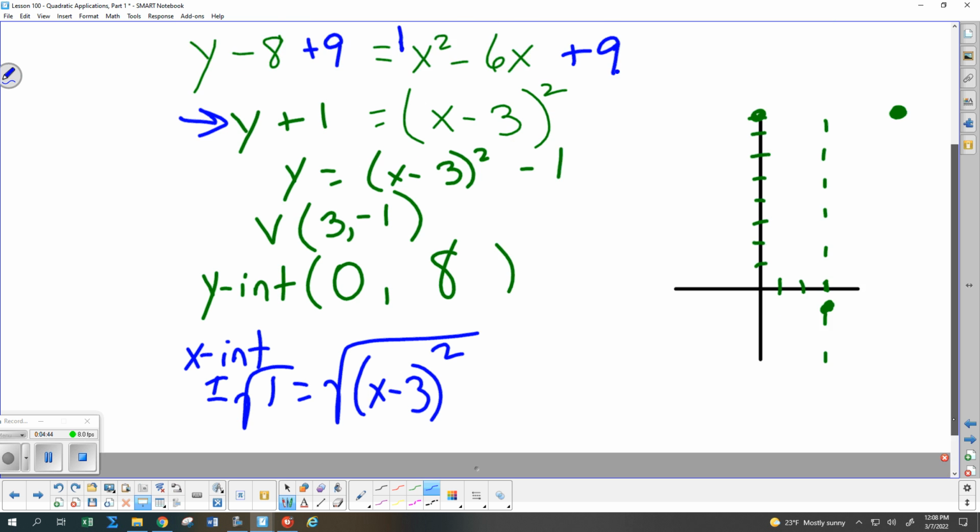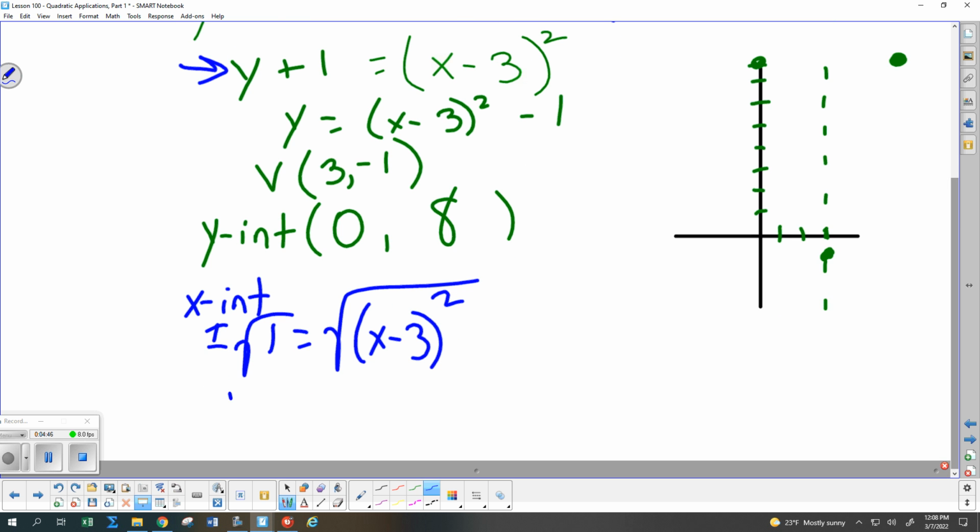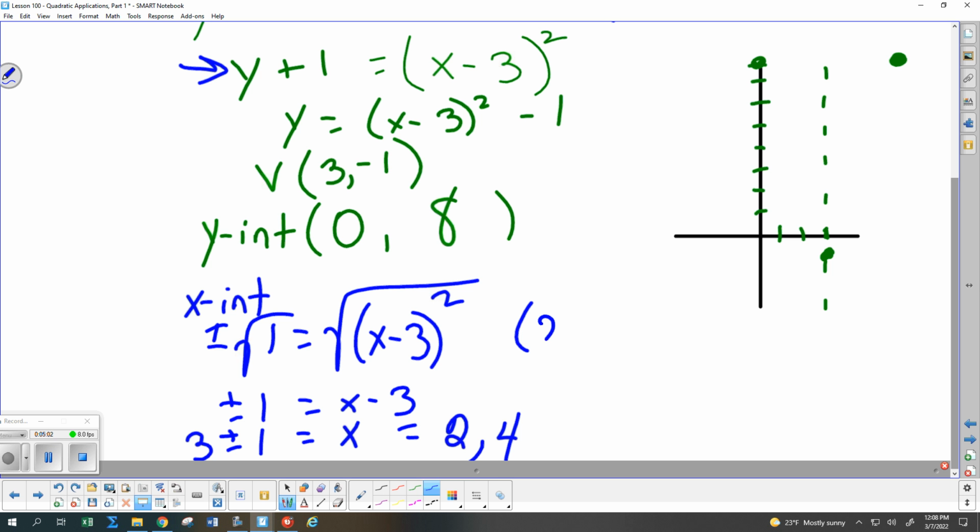What's square root of 1, everybody? So this says plus or minus 1 is x minus 3. So x is, add the 3 to both sides. 3 plus 1, 3 minus 1. So x is either 2 or 4. So my x-intercepts are 2, 0, and 4, 0. And so that would be here and here. And then I have my 5 points, so I can draw my parabola in here.